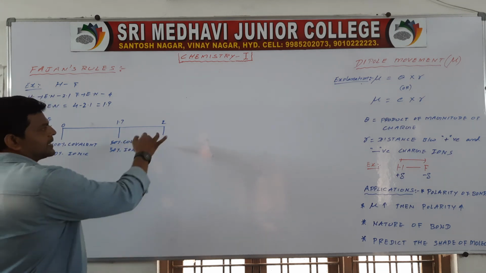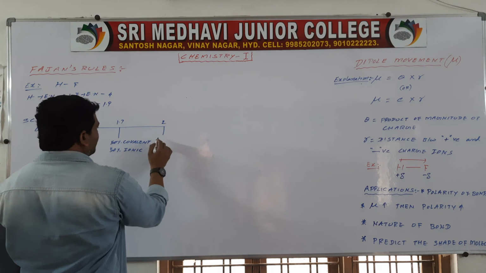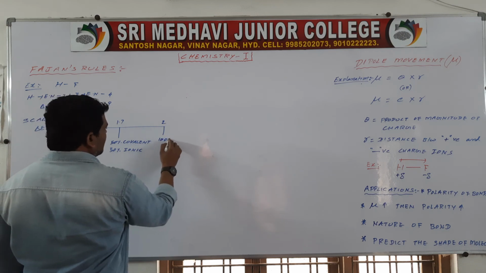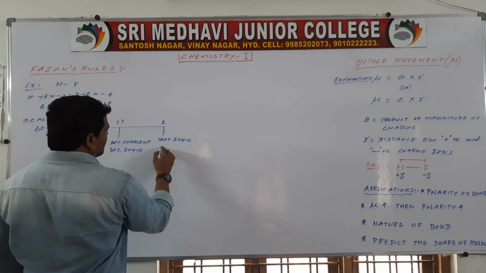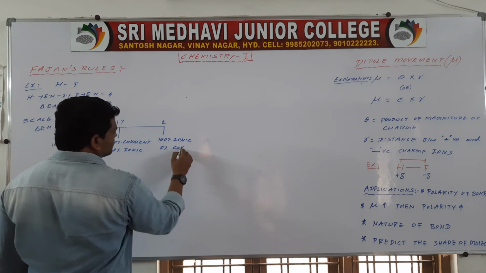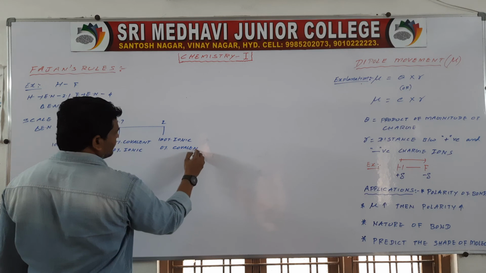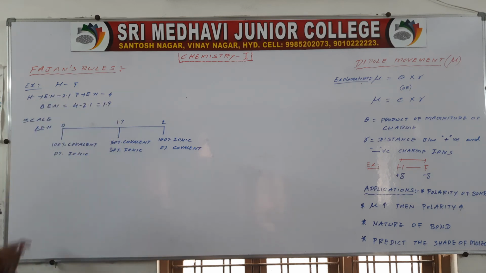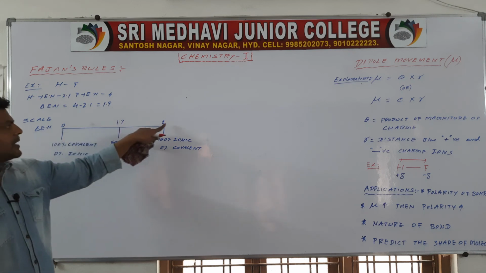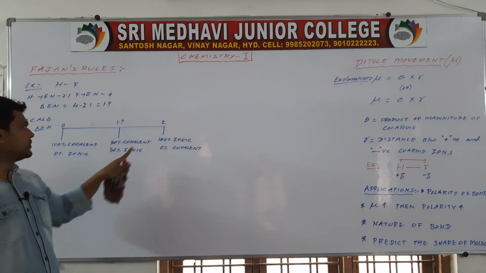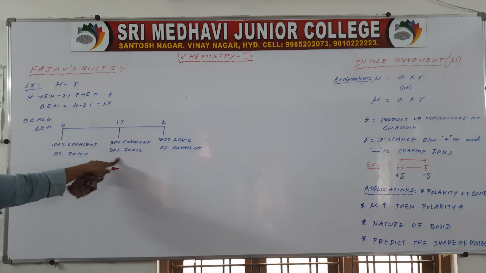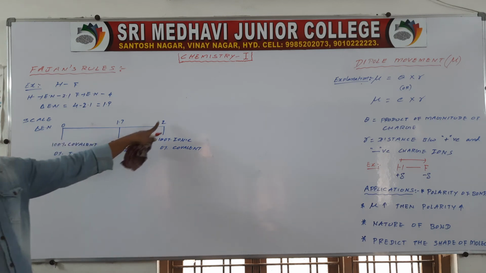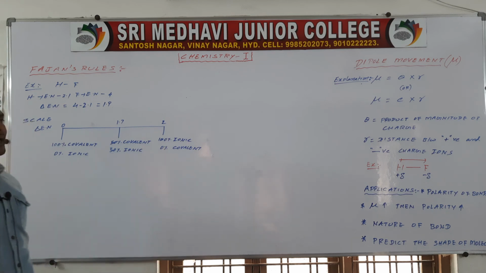If it is a 2, meaning greater than 1.7, then 100% ionic and 0% covalent. Okay, electronegativity difference 0, 1.7 and 2. So less than 1.7 means like this, equal to 1.7 means like this, greater than 1.7 means like this.